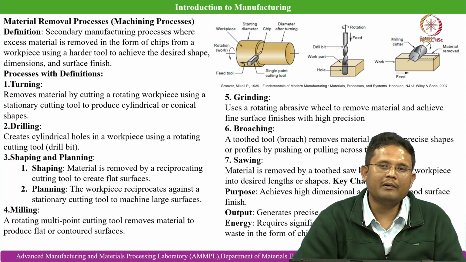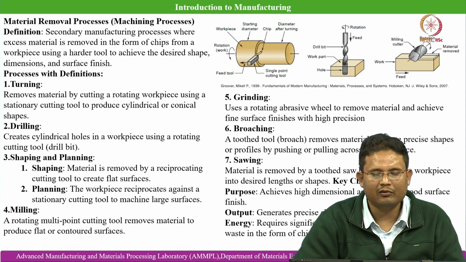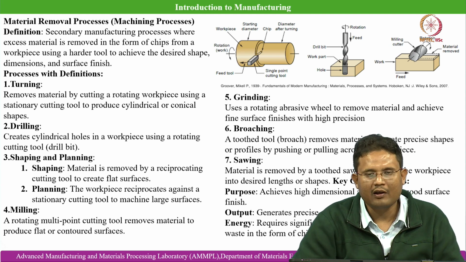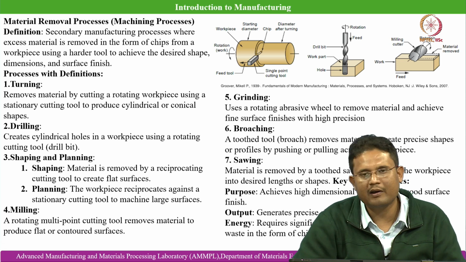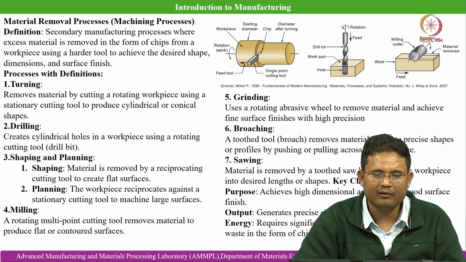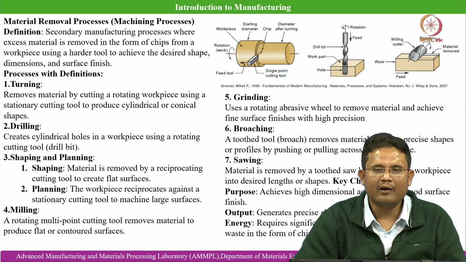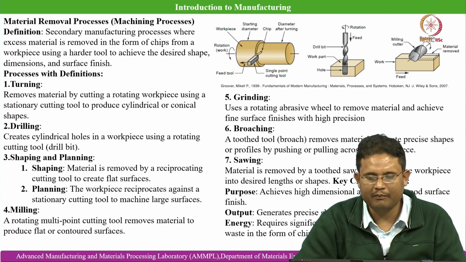If we talk about the classic case of turning, we can classify it as orthogonal as well as oblique turning. We can classify it in terms of the angle of the cutting tool with respect to the workpiece. When the tool is placed at 90° with the center line of the workpiece, we call it orthogonal machining.